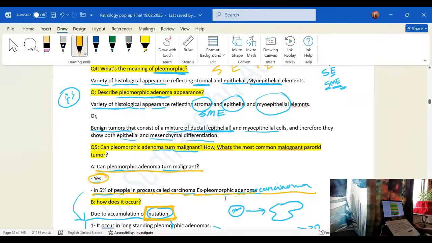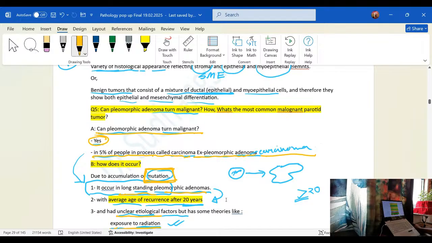In 5% of people it progresses to carcinoma, called carcinoma ex pleomorphic adenoma. How does it occur? Due to accumulation of mutations, and it occurs in long-standing pleomorphic adenoma.